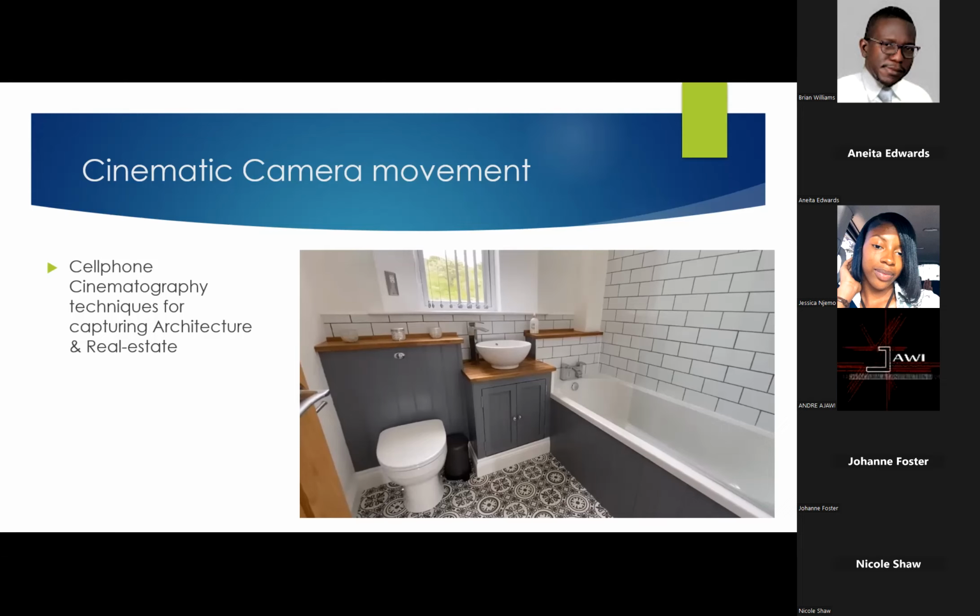And if you are aware of these moves, then whenever you capture any form of footage, this is what makes your footage cinematic, right? Because you remember what cinematography is, right? It is the technology. So you need to have the actual phone or camera. It's a knowledge of the technology.